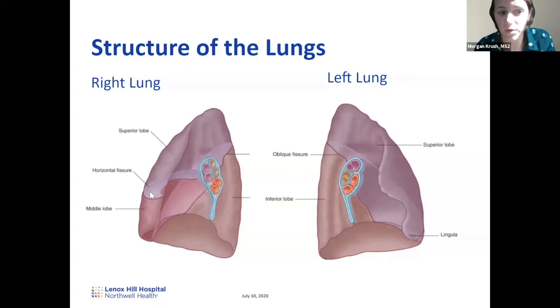Then on the right lung, you have a horizontal fissure, which separates the superior and the middle lobe of the right lung, and that's the one that's not on the left lung. So you have 3 lobes in the right lung, 2 lobes in the left lung, superior and inferior in both of them, and the middle lobe is only in the right lung. Does that make sense, everyone?